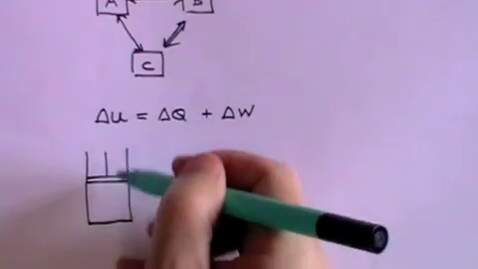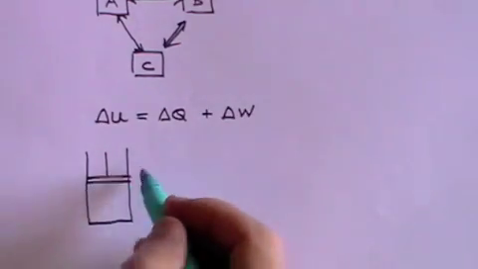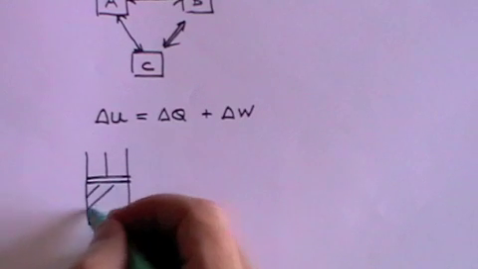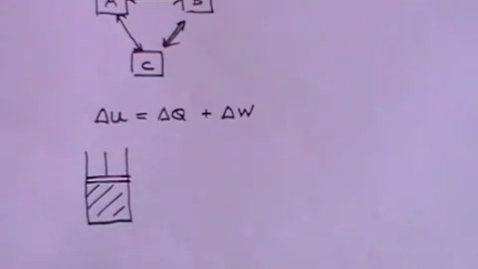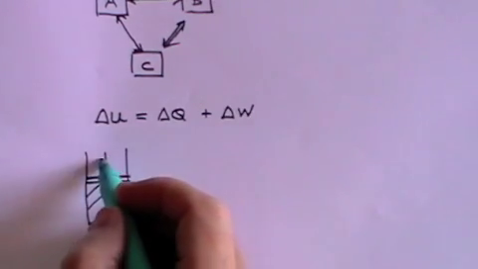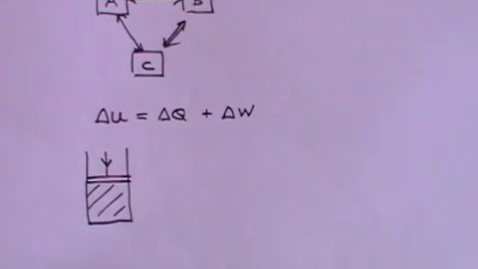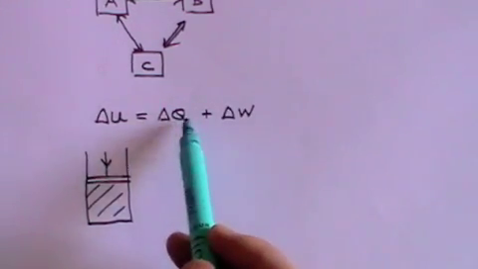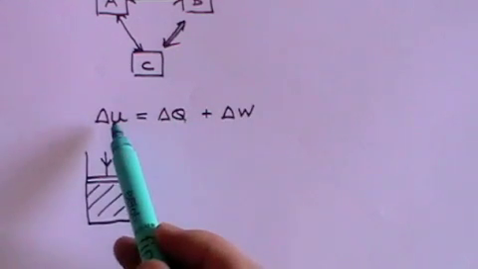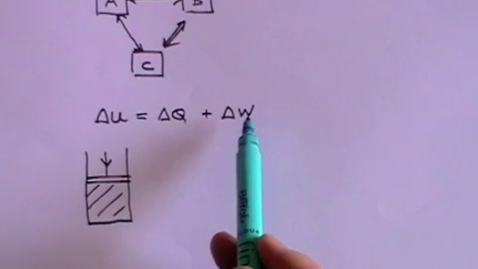That's free to move up and down, but nothing can escape outside the plunger, and we're going to have a gas inside that plunger. Now we might press down on the plunger and squash the gas. What we're doing is we are doing work, and consequently there's no heat going in, but the energy of that gas will increase because we're putting work in.